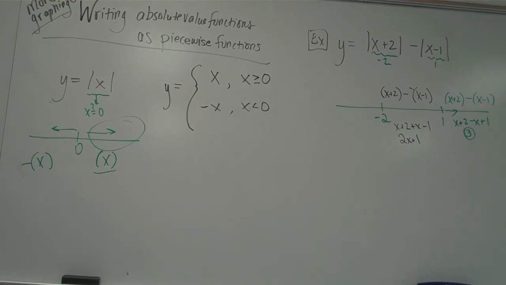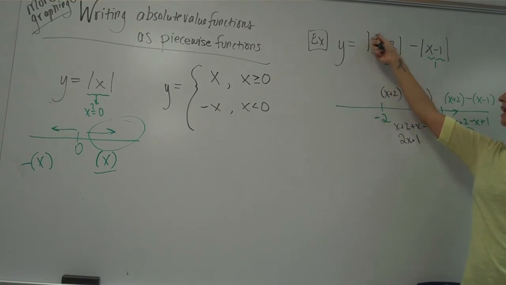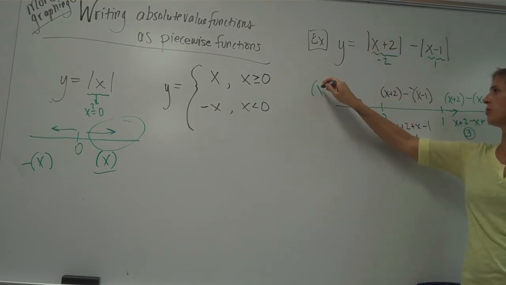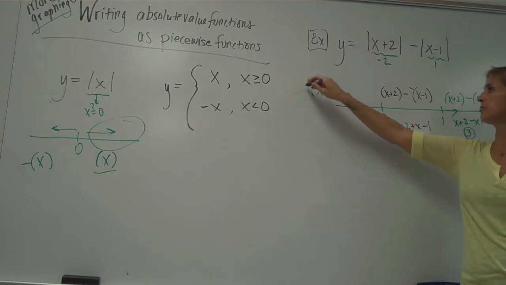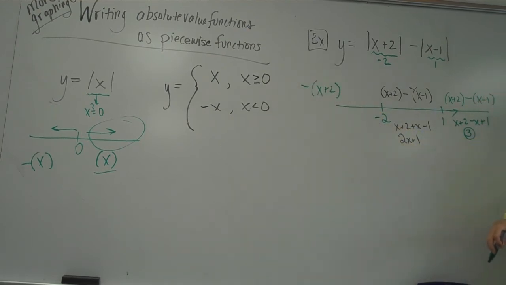Now we're going to pick a number less than negative 2, like negative 3. You can kind of predict what's going to happen. When I put negative 3 into here, I get a negative, so my bars become parentheses, but I change the sign in front. Negative 3 gives me a negative, so I change the bars, but what sign should be in front now?